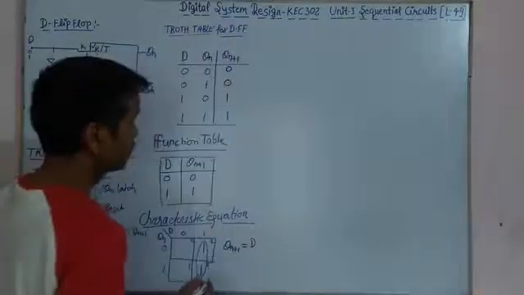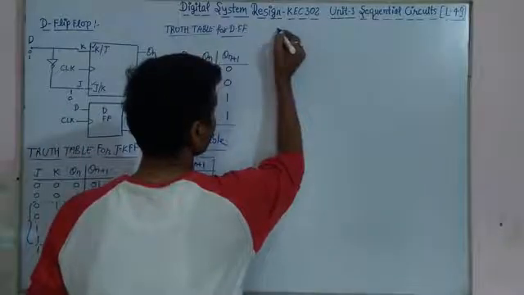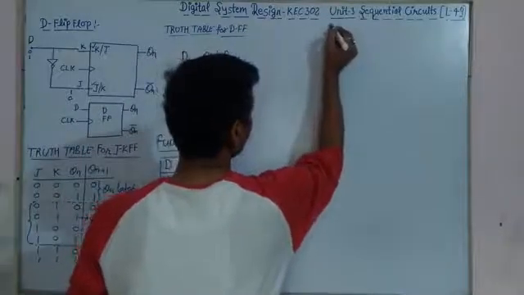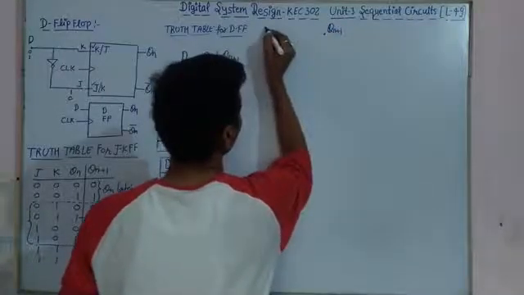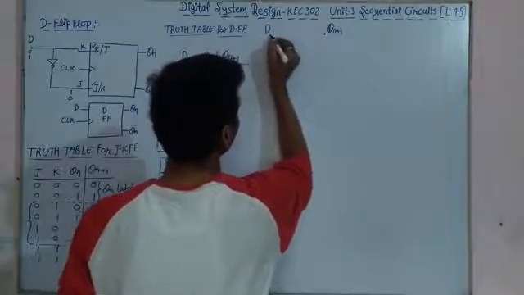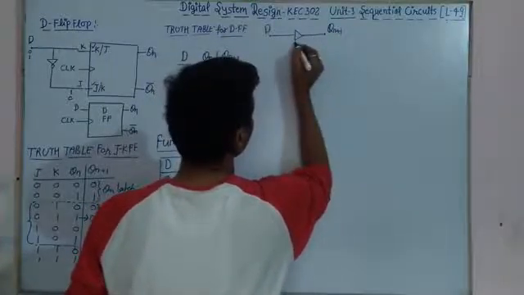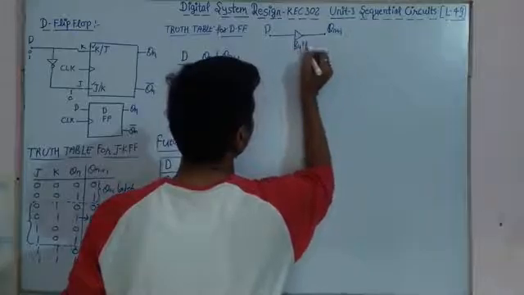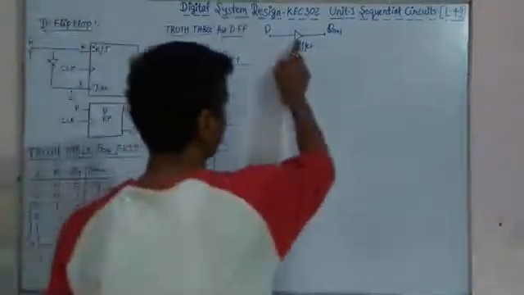And if you implement this function, this is Qn plus 1 and this is D. So this is only a buffer. Okay, this is a buffer.